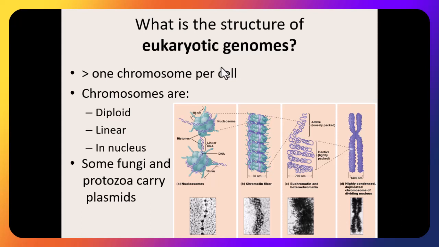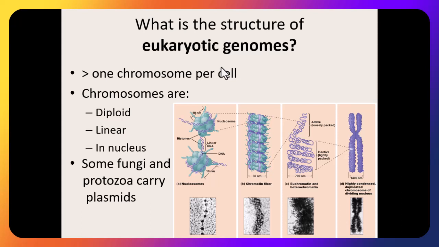The chromosomes are generally linear, so if I drew your 23 chromosomes, I'm usually going to draw them as X's, or if nothing else, just the line if they haven't duplicated yet. I'm not drawing circles like I would for a bacteria. And we find all that information in the nucleus.